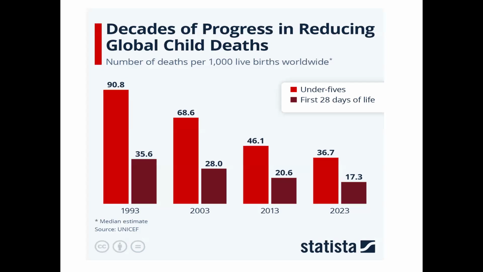So this is again a comparison of different years. The lighter red color is for the under five mortalities, and the darker maroon color is for the first 28 days of life, the neonatal mortality.